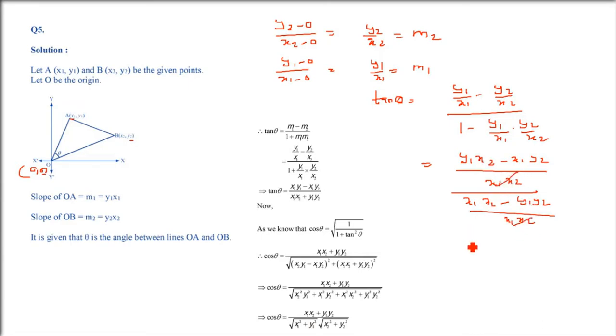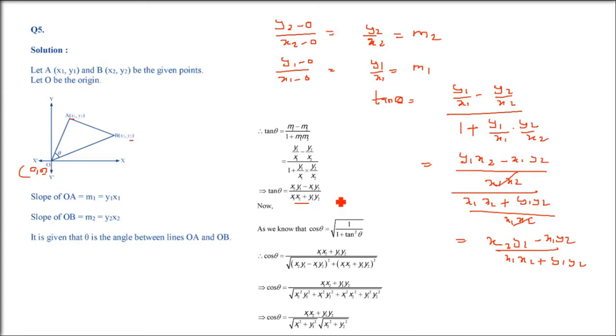So the x1 x2 gets cancelled. So you get (x2 y1 minus x1 y2) divided by (x1 x2 plus y1 y2). So this is tan theta, and tan theta we have found out.